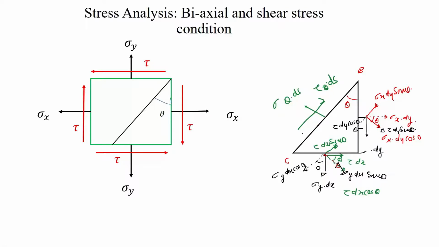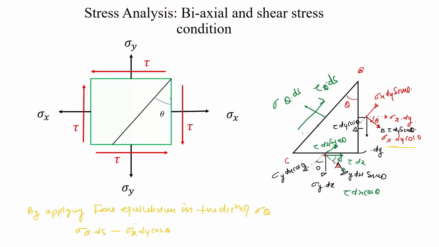So if we apply the force equilibrium approach in the direction of sigma theta, we can write: sigma theta into ds, minus sigma x dy cos theta.